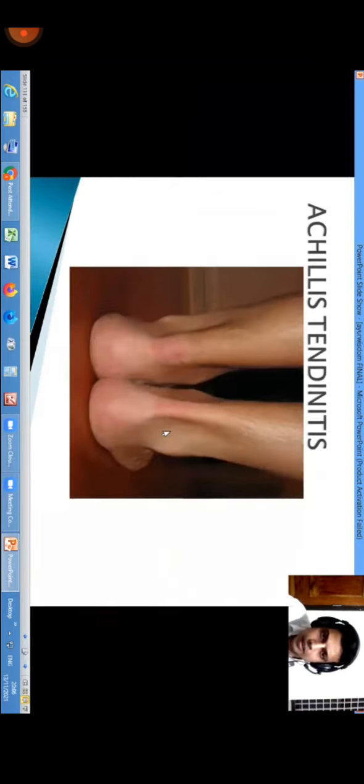Then coming to Achilles tendinitis, we can see here the Achilles tendon is inflamed. Both of these conditions are the same in the concept of management. That is, Lepana with Jadamayadi Choornam is more effective because it is Vatarakta. Jadamayadi Choornam lepa is more useful in retrocalcaneal bursitis and Achilles tendinitis.